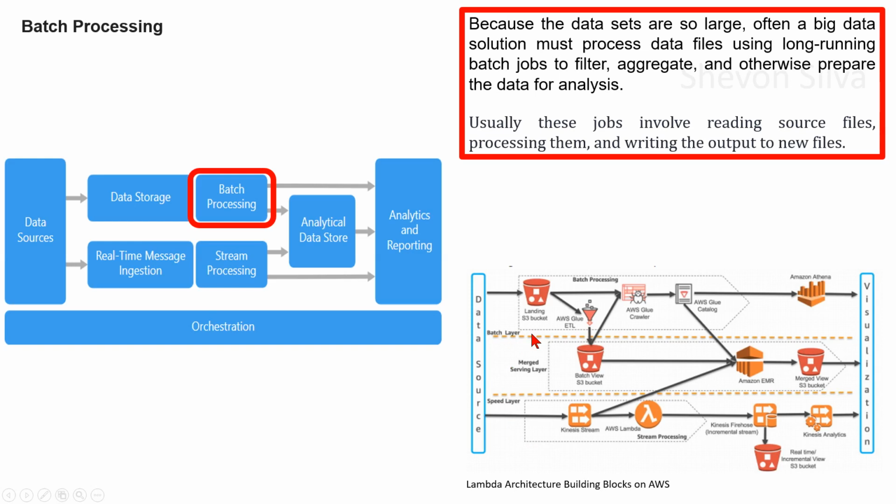The batch layer consists of the landing Amazon S3 bucket for storing all the data, for example clickstream, server, device logs, and so on, that is dispatched from one or more data sources.